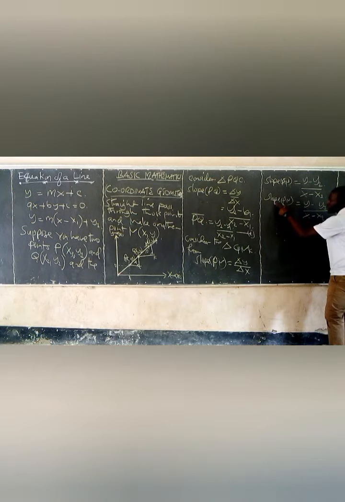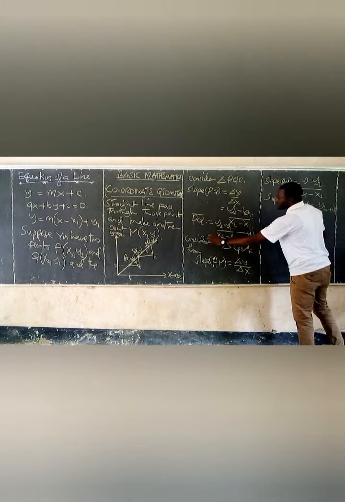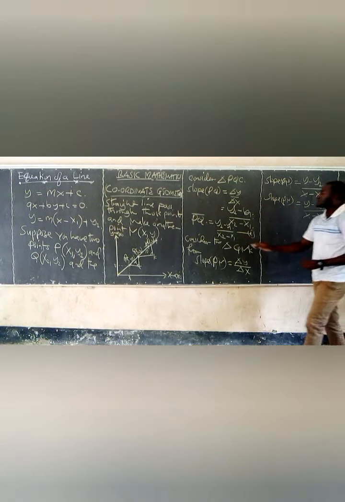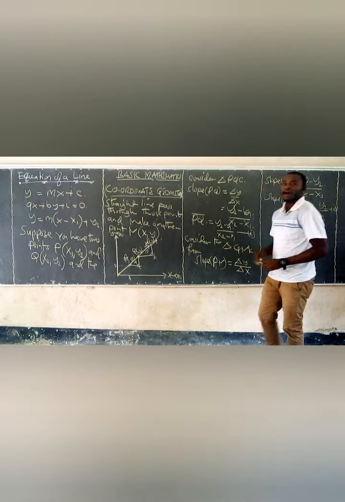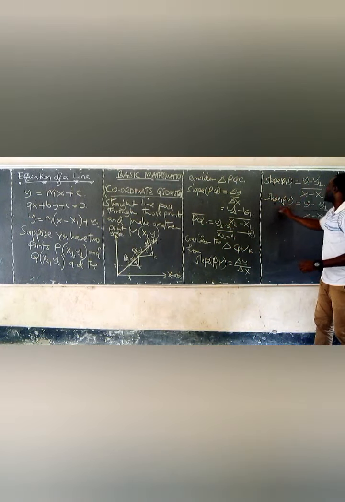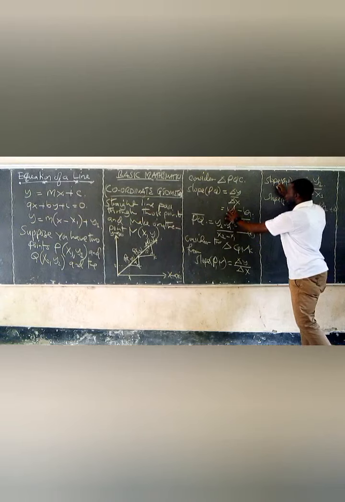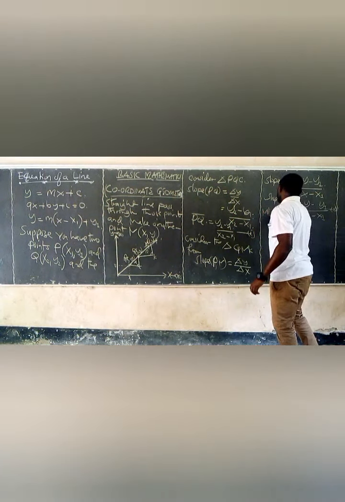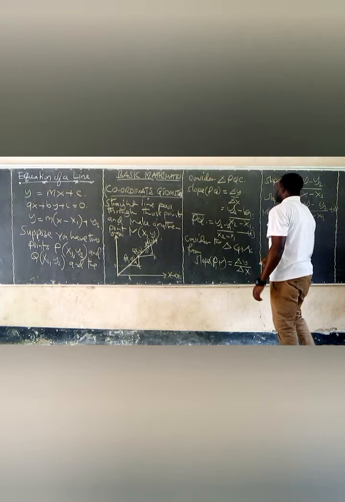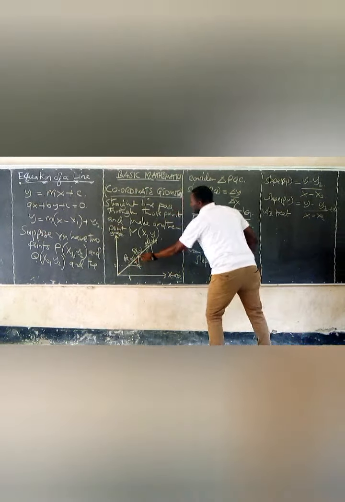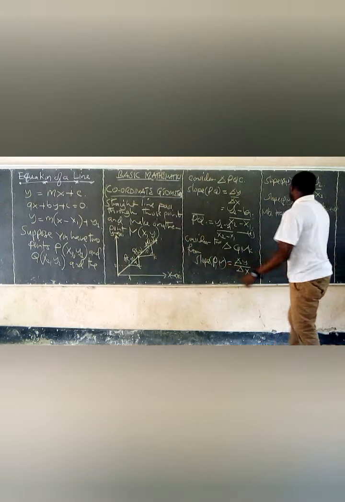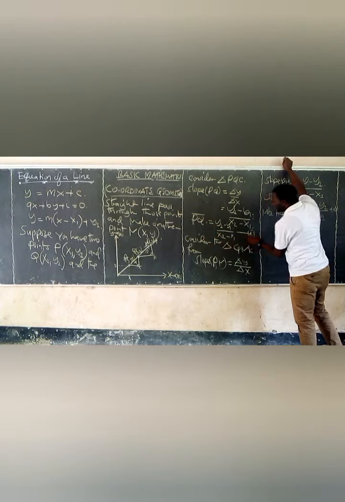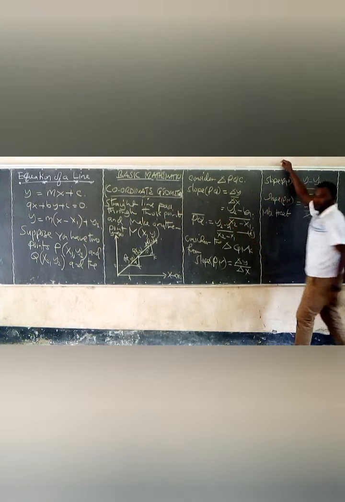But the slope of PN and the slope of PQ are equal. So instead of writing the slope PN here, we write the slope from equation 1, which is PQ.